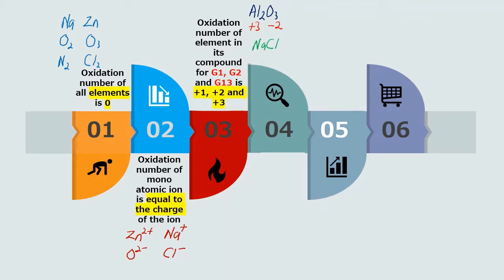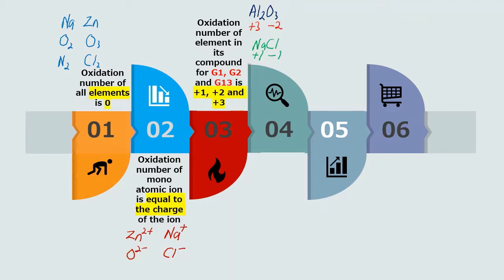We know that sodium is situated in group 1, therefore the oxidation number of sodium is +1, while chlorine is -1. Can you get what I mean by oxidation number of elements in its compound? I hope you can understand.